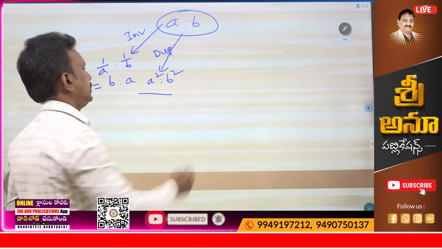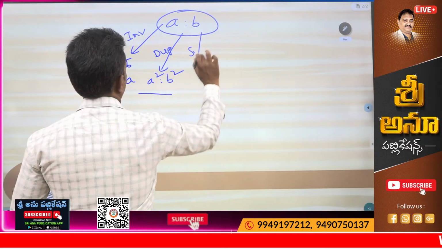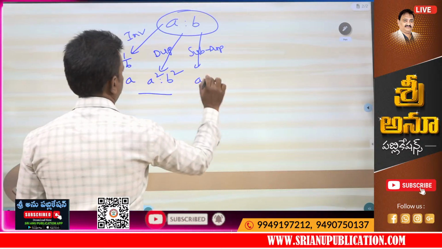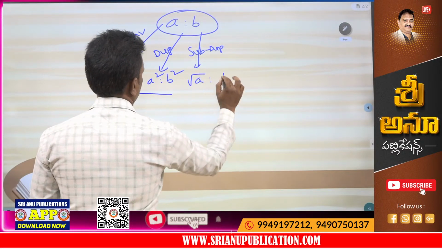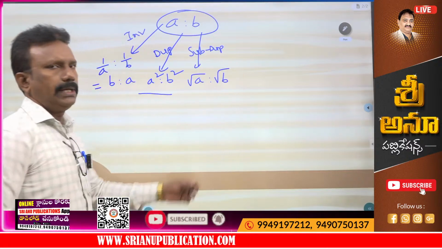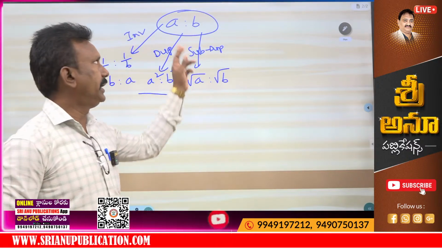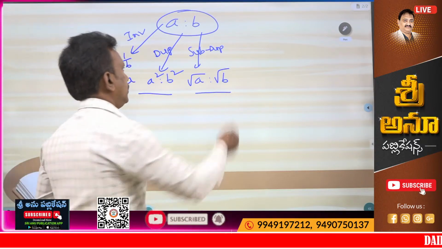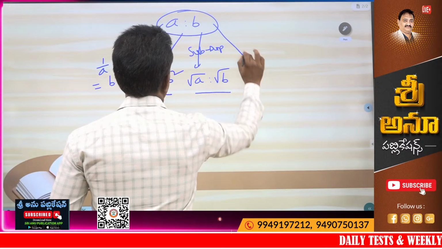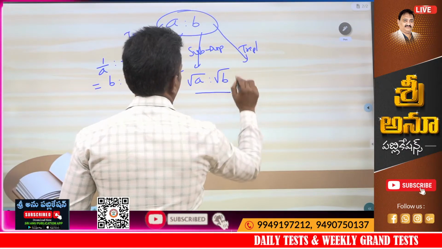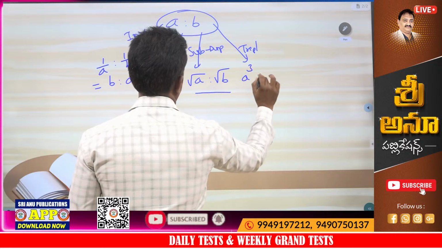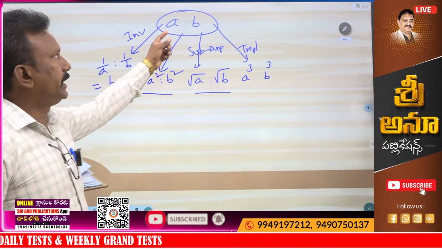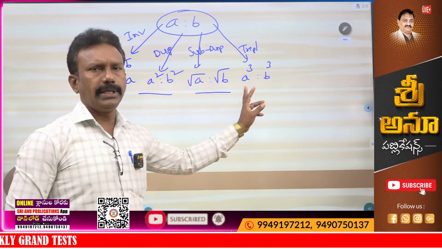The next one is subduplicate ratio, defined as root A is to root B. Next is triplicate ratio, defined as A power 3 is to B power 3, that is, A cube is to B cube.